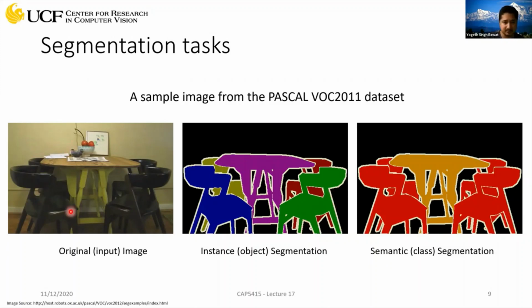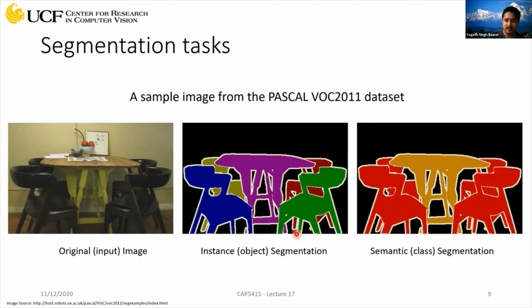Let's say you have this input image, and if you focus on the chairs here, you have 4 different chairs, right? If you're performing just semantic segmentation, then each of these pixels should say that it is a chair, and they don't care that there are 4 different chairs. So that's semantic segmentation, the annotation you have on the right. You're not differentiating between different instances of chairs.